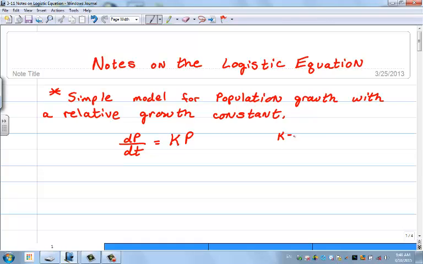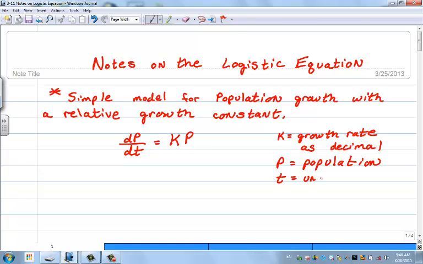where k is equal to the growth rate as a decimal, and P is of course your population, and t is of course some unit of time.